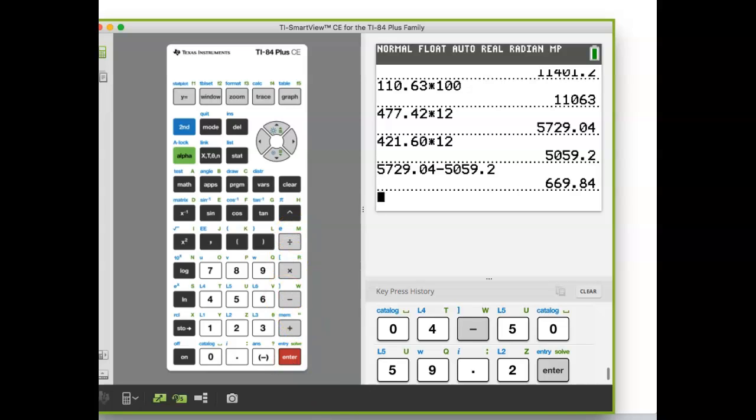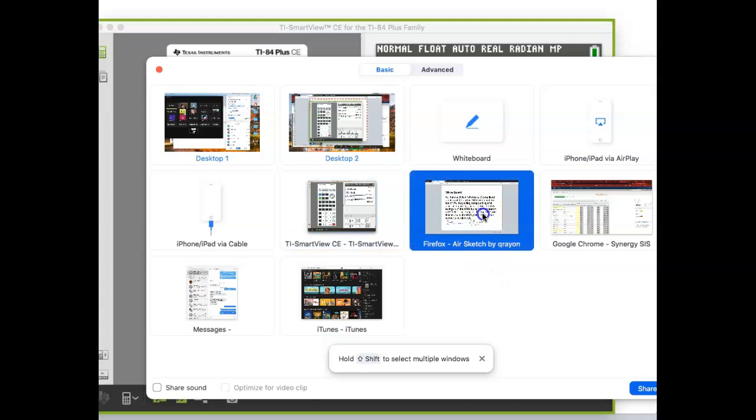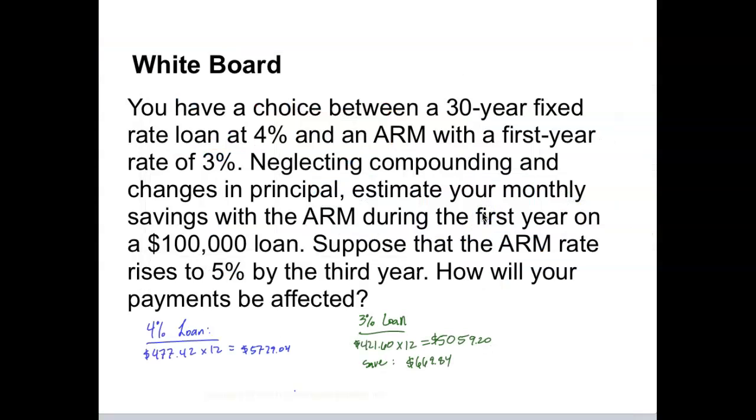Okay, but the problem with that is if it's an adjustable rate mortgage, usually what they'll do is give you your first couple years at a certain percent guaranteed, and then the remaining years your interest rate will be based off of the federal interest rate, which could adjust. And so it could go up to 5% the third year, which for the 3% loan you're paying $421.60 a month.